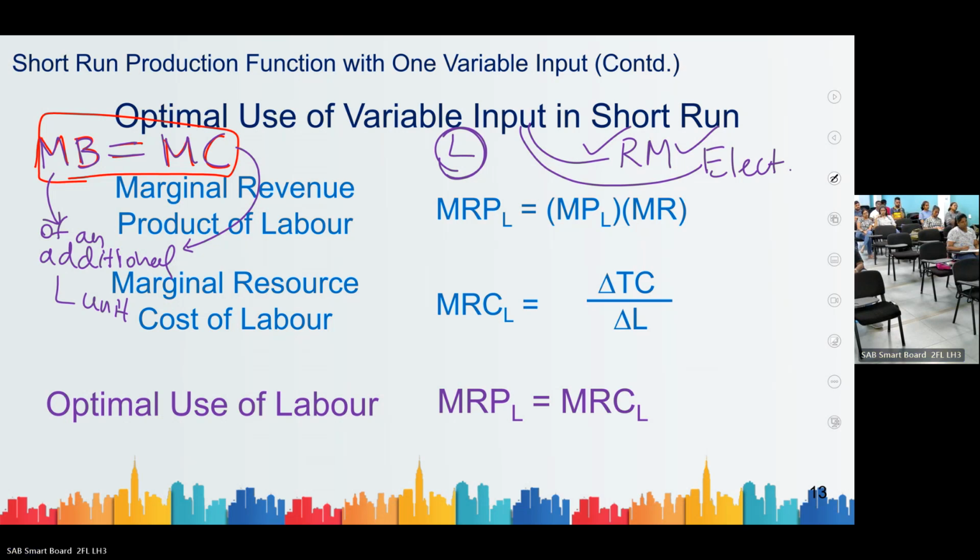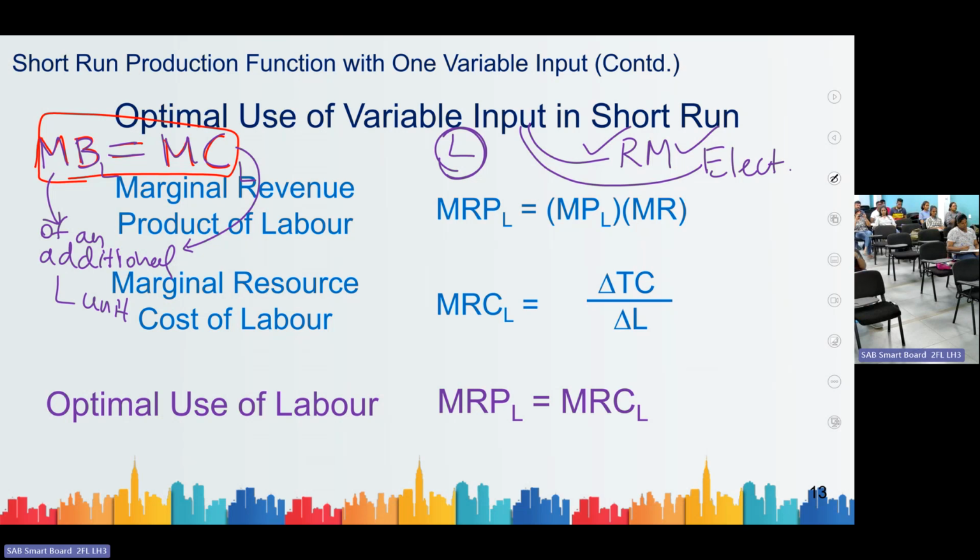At the optimum level of the variable input, labor, marginal benefit of labor should be equal to marginal cost of labor.